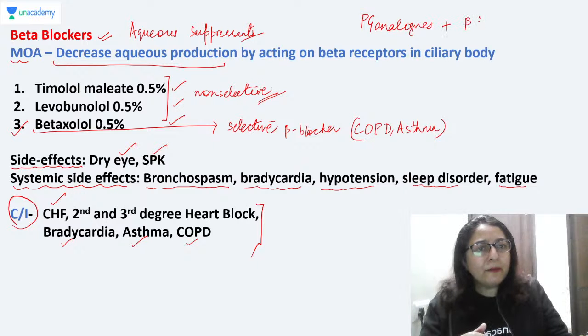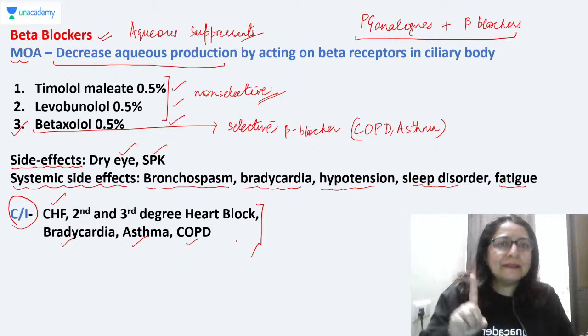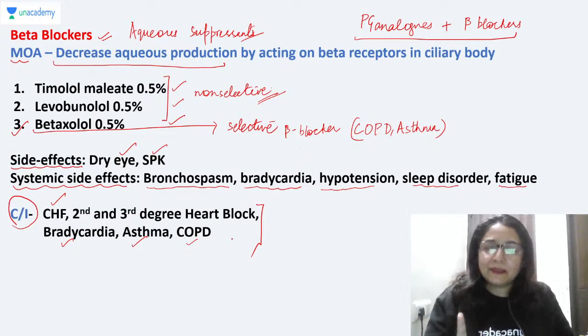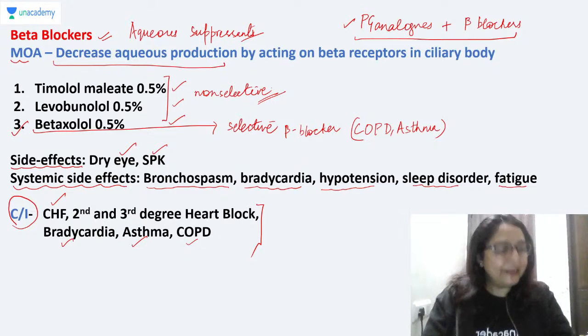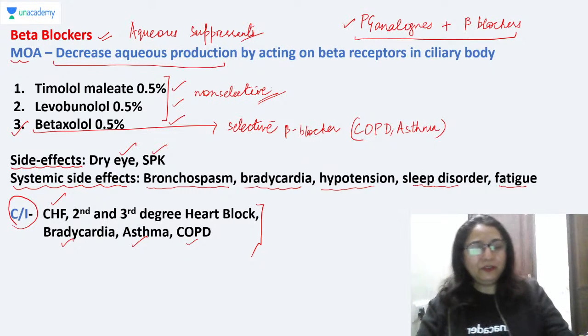So if a patient is not controlled on monotherapy, by a single drug, then a very good combination is of prostaglandin analogs with beta blockers, because their mechanism of action is different. They increase the uveoscleral outflow, and beta blockers are aqueous suppressants, so they are additive to each other. Okay, so these are the points to be remembered about beta blockers.